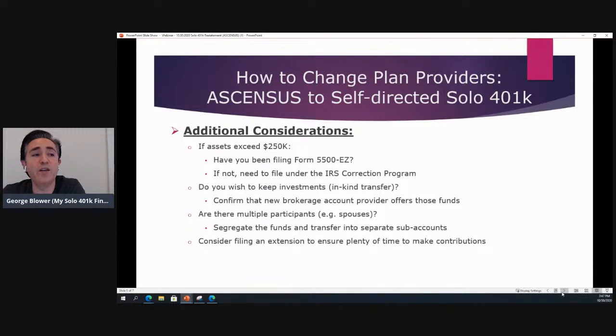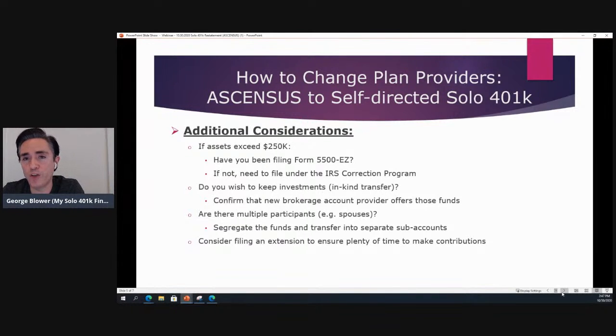Whether you do it or not, one consideration is whether you want to invest the money that's in that SEP IRA in alternative investments, or maybe you want to be able to take a loan and use that to fund a 401k participant loan, where you can borrow up to 50% of the balance, not to exceed $50,000. Let's say you've got $60,000 in your solo and $40,000 in your SEP.